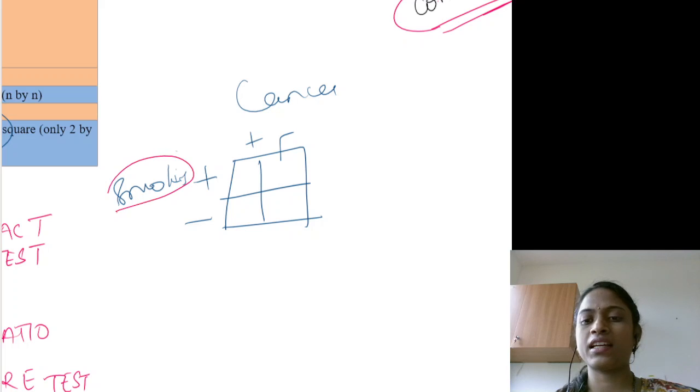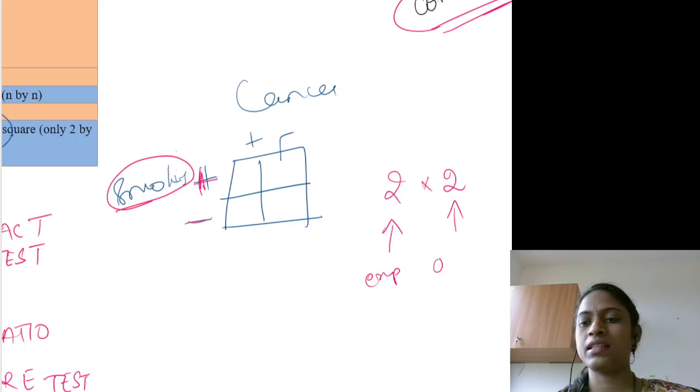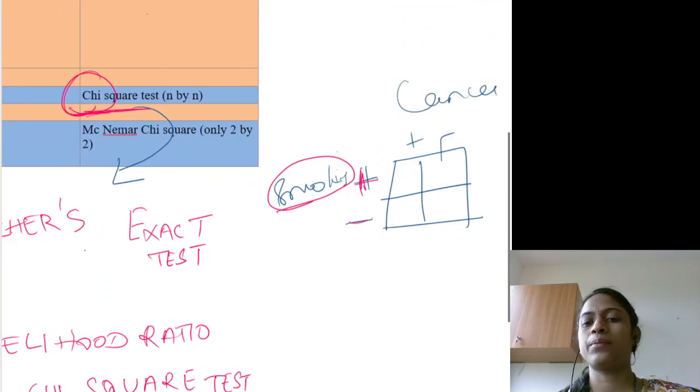There are two categories, smokers and non-smokers, in the exposure variable, and two categories in the outcome variable. So 2 by 2 means the number of categories in the exposure variable and the outcome variable are both 2.